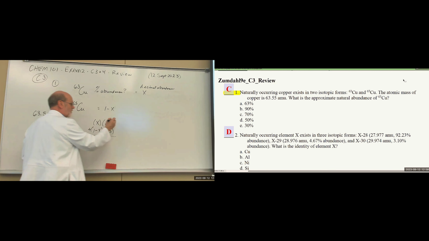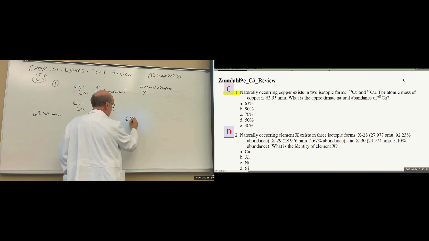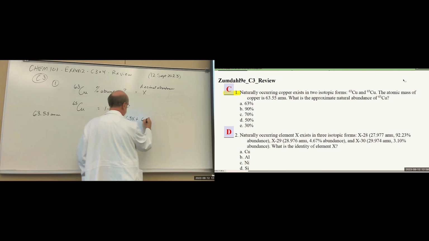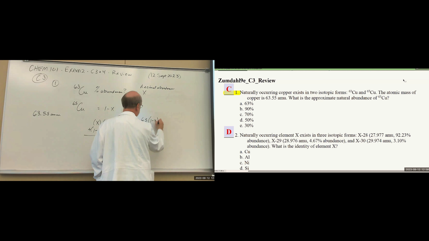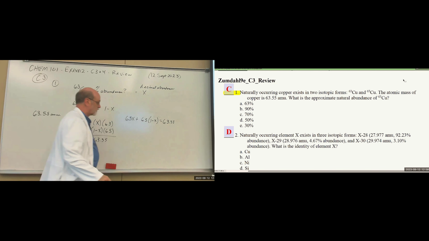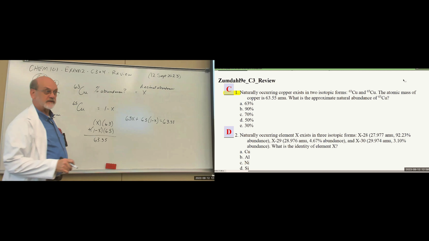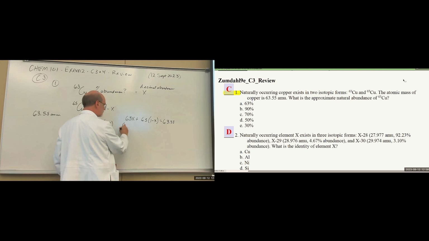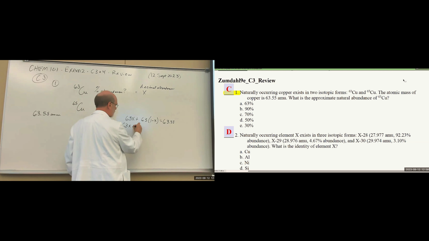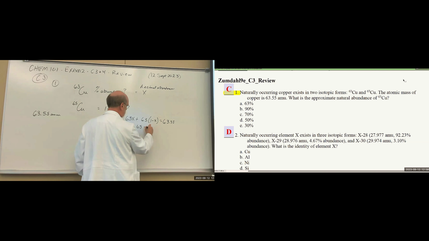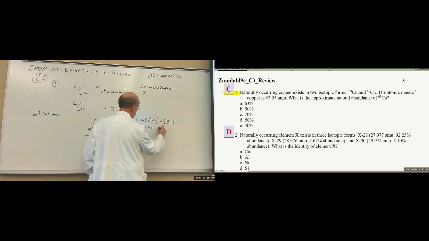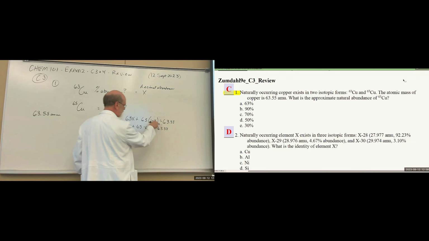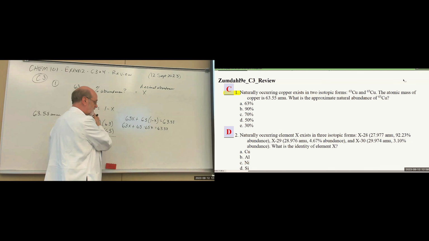All right, so with this equation, we get 63x plus 65 times 1 minus x is equal to 63.55. Okay, that's what that says. Now just solve for the unknown. We expand that parentheses.